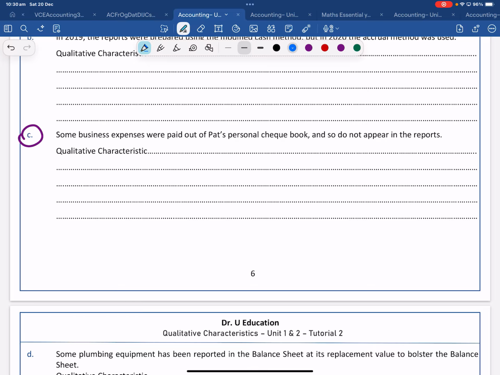When you write it, you can't write because this is entity assumption. You can use that to figure out the answer, but you can't talk about the assumption unless they are asking about it.